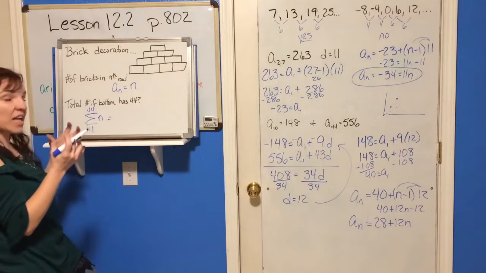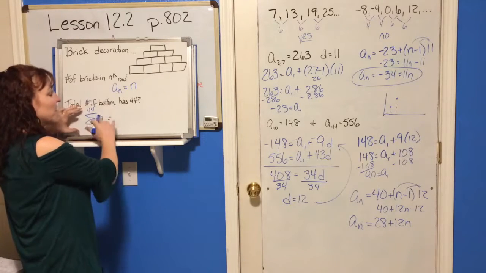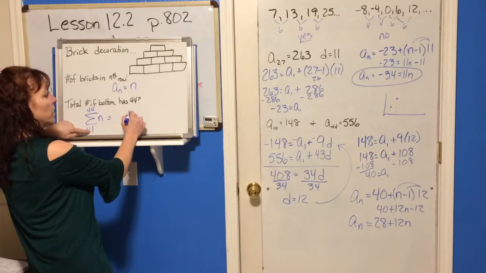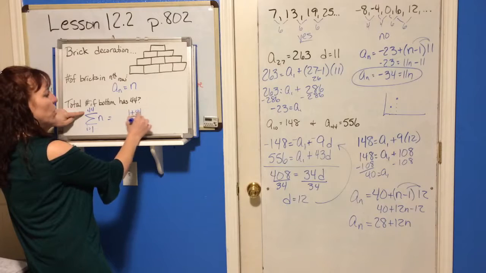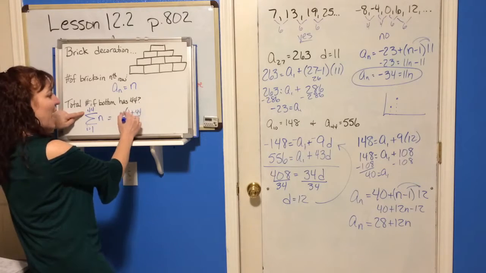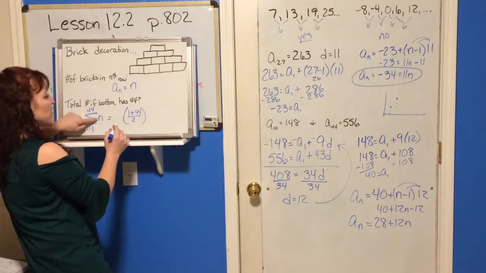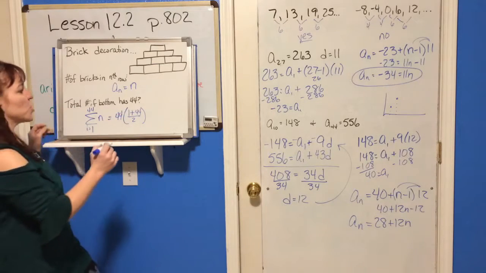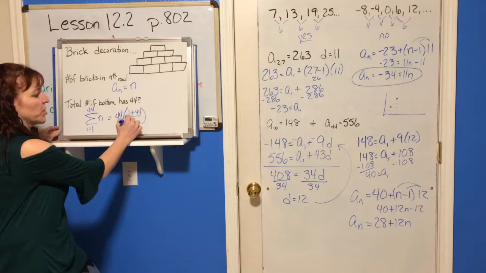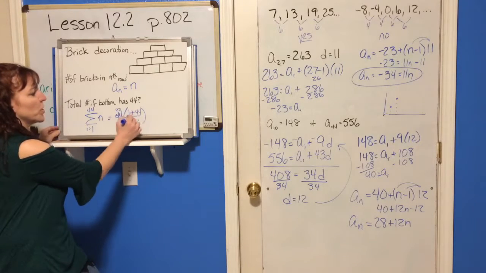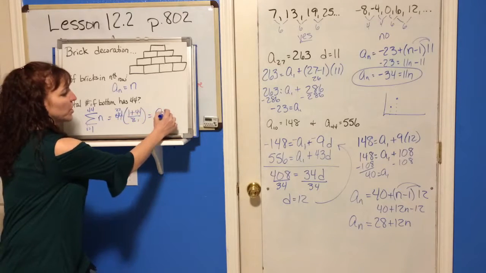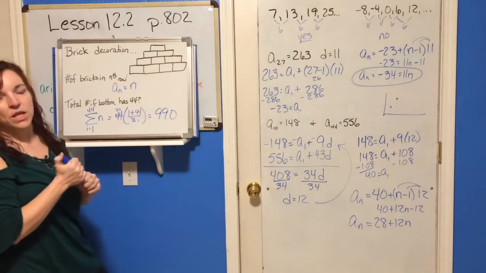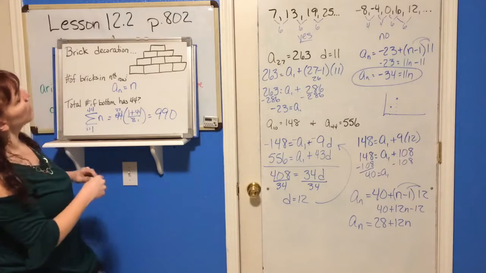So the sum is going to be the average of the first row, which is 1, plus the last row, which is 44, times the number of rows, and we have 44 rows. So we're going to reduce this here and make 22. So 22 times 45 would be 990 bricks that you need for this beautiful decoration that looks very pyramid-like.